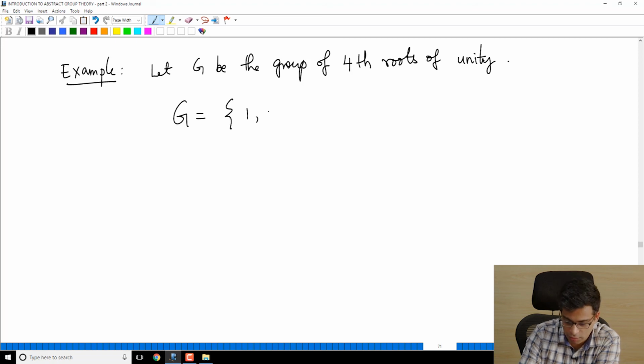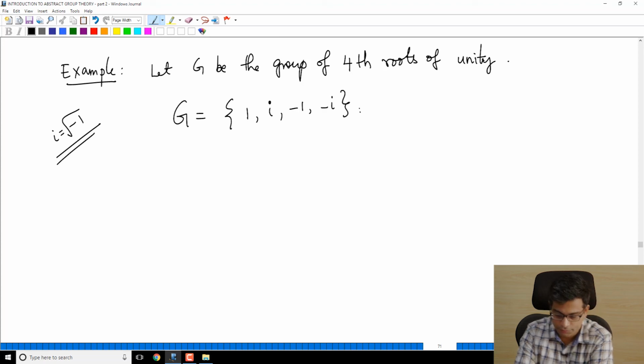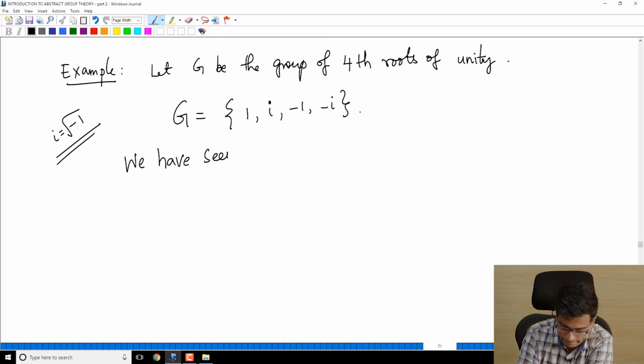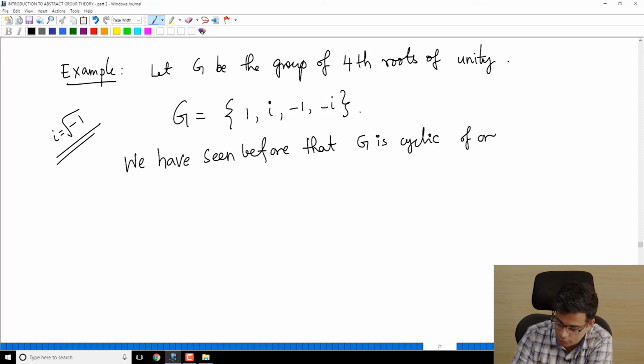It consists of 1, i, being a complex square root of minus 1, minus 1, and minus i. We have seen before that G is cyclic and it is of order 4.